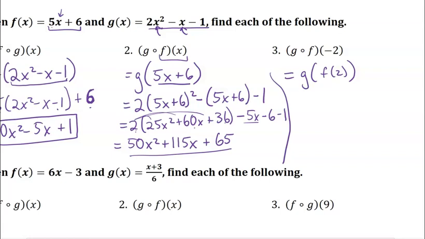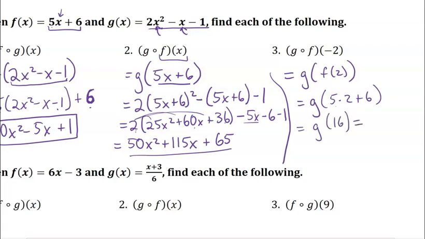But those are numbers I don't necessarily want to deal with. So I'm just going to find f of 2 and then make that my input into g, okay? As a number, not as a variable expression. So f of 2 would be 5 times 2 plus 6. That's still on the inside. So that's g of 16, okay? So 10 plus 6.